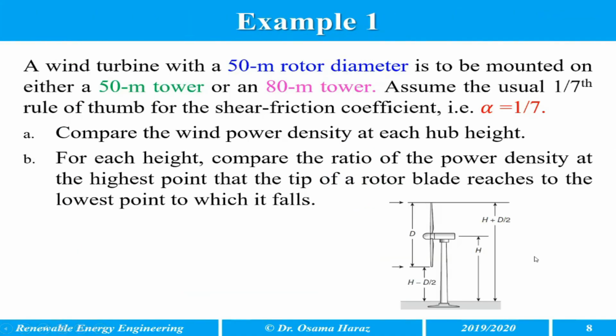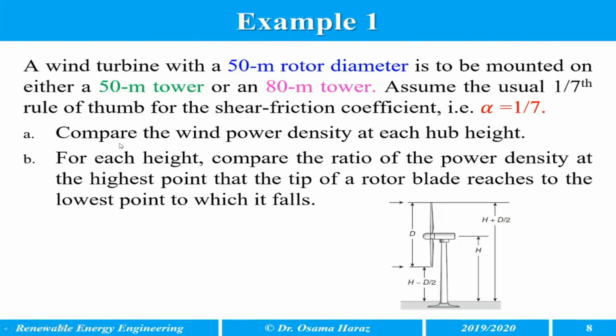So let's take this example. A wind turbine with a 50-meter rotor diameter is to be mounted on either a 50-meter tower or an 80-meter tower. Assume the usual 1/7 rule of thumb for the shear friction coefficient, so you choose alpha equal to 1/7.